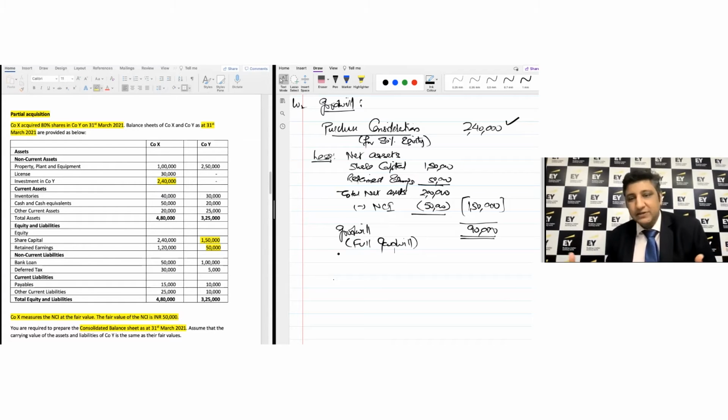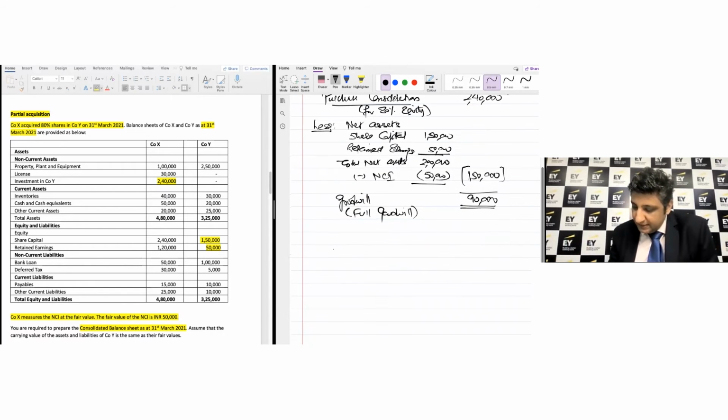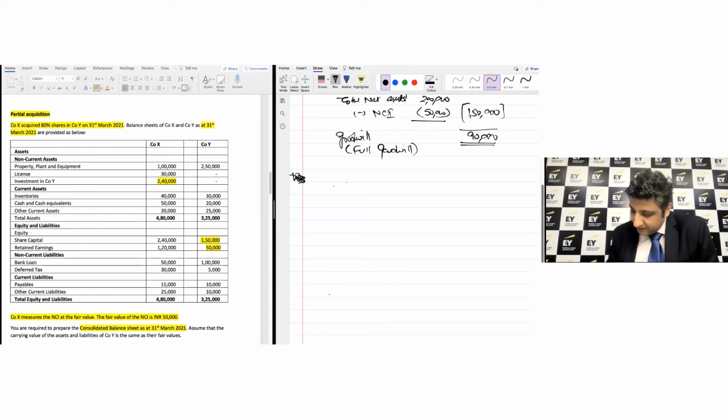We don't have to bother much about what is the meaning of full goodwill or partial goodwill. This 90,000 appears in the group balance sheet as it is. Since my date of acquisition and date of reporting are the same, I don't have to do anything else in this case.